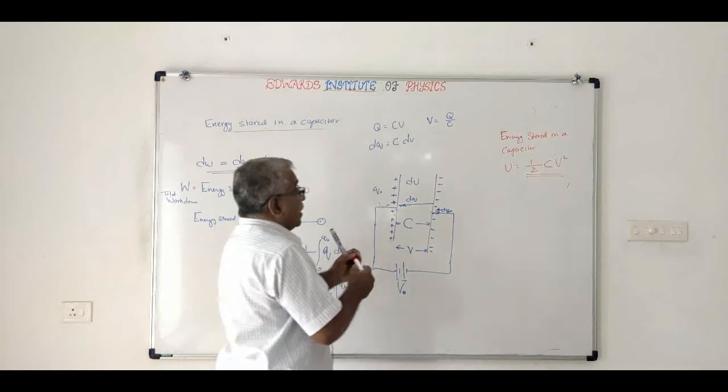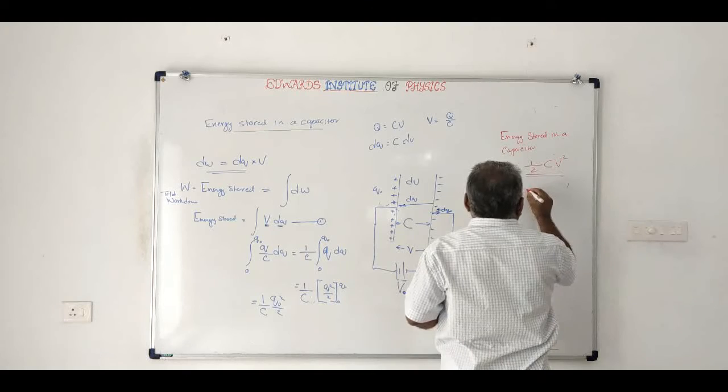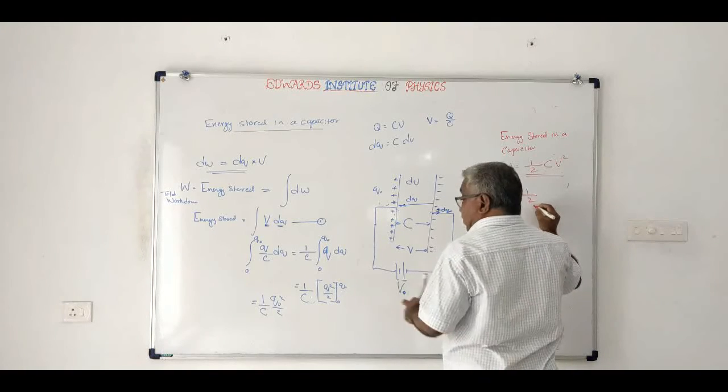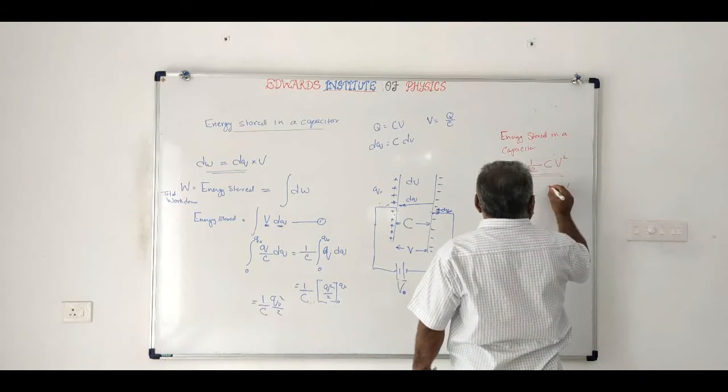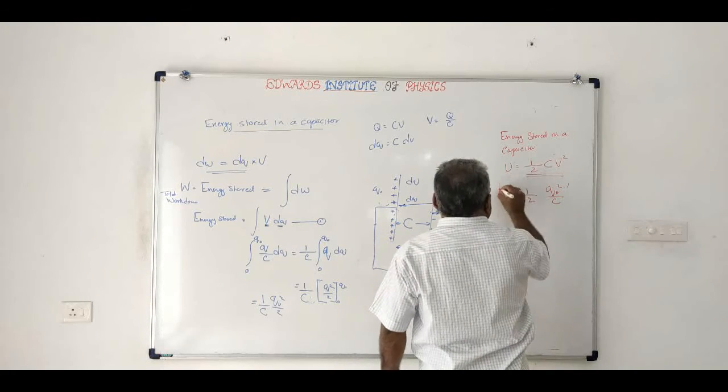Now we can write U, energy stored in a capacitor, will be equal to half into Q0 square by C. This is another formula.